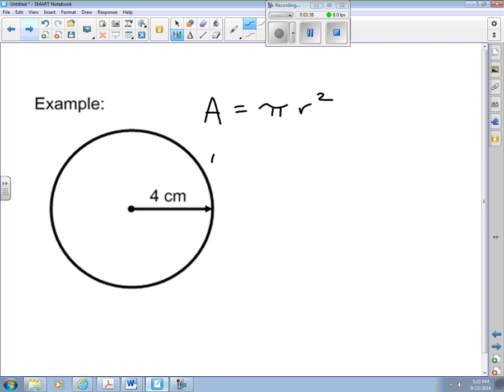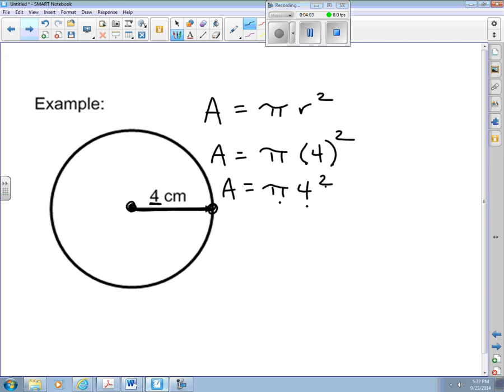And now I would plug in the radius number, which happens to be 4. That's what this number is on the diagram. Radius is the distance from the center to the edge of a circle. And now please notice I plugged it in with a bracket, but that's just to make my life easier. That bracket doesn't really need to be there. And this example is just like the last one. It's a number times 4 squared.